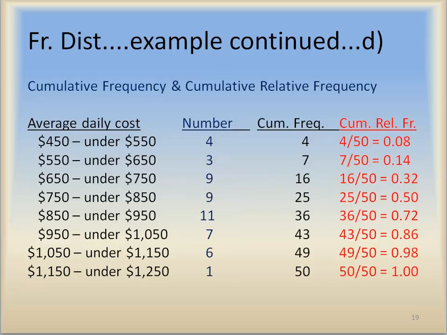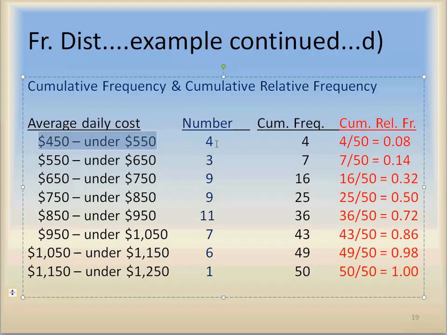And the last step that was asked of us in this question was to create a cumulative frequency and a cumulative relative frequency. Now, for a cumulative frequency, we just continue with our frequency and we accumulate as we go along. So we know that from 450 to under 550, in this class there are 4.